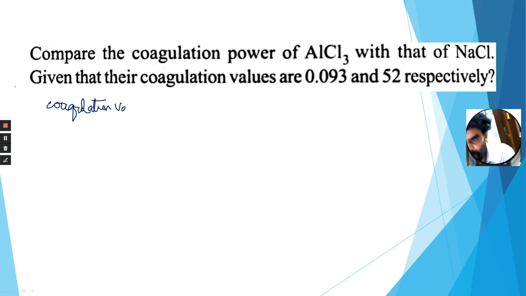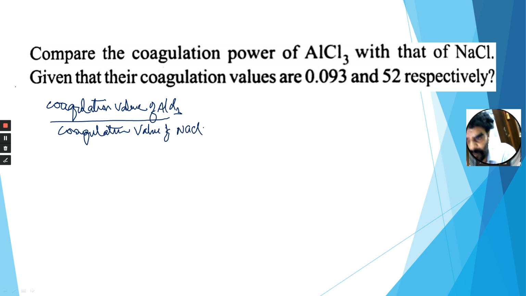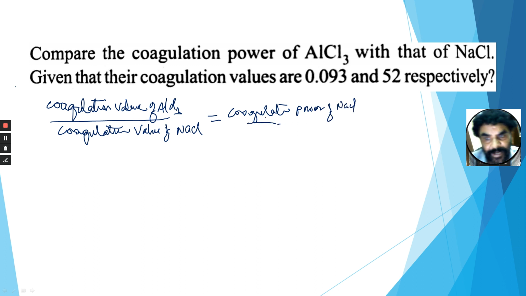Coagulation value of AlCl3 and coagulation value of NaCl are inversely proportional, so the coagulation power is the reciprocal of the coagulation value.